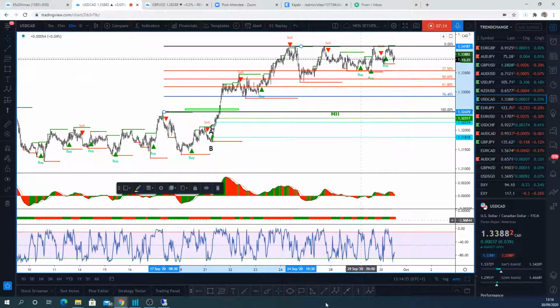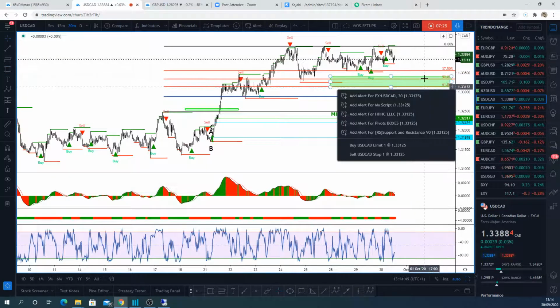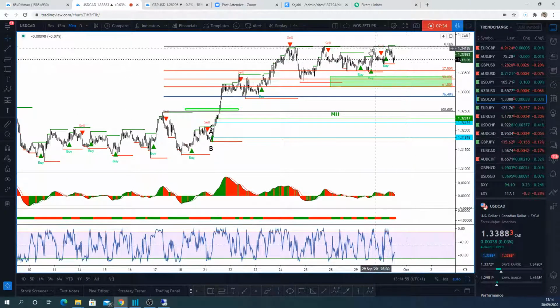Okay, so maybe this kind of area in the dollar CAD will be, I'll do this. This zone here will be a nice area to be looking for a buy in the US dollar Canadian dollar. Otherwise, if it breaks back above, then you should continue to buy.